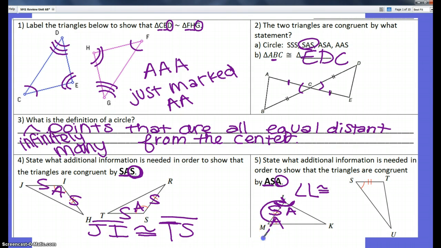If you use three letters, that's fine. You could say MLK. And then over here, you've got angle, side. We need an angle here, so it's ASA. That would be angle T. Or you could also write it as angle STU, which would be the same thing.